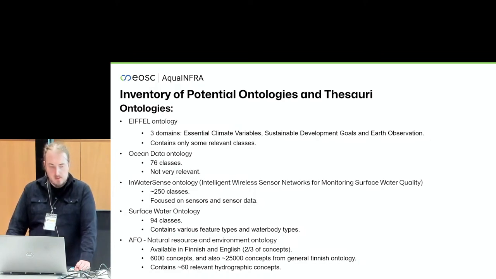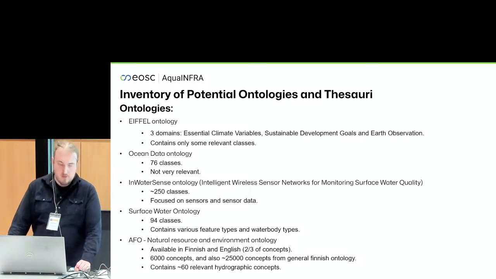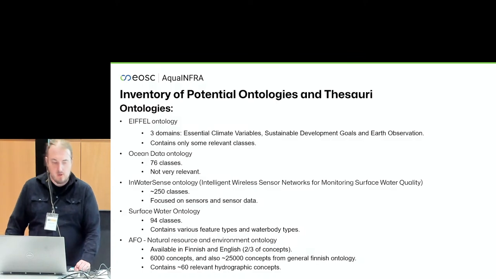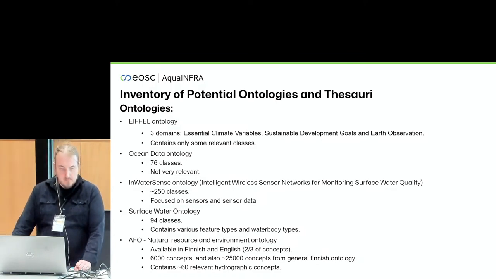Then we went through the ocean data ontology, which was also found not to be very relevant for our uses. Next we went through the in-water sense ontology, which was mostly focused on different sensors and sensor data, so this wasn't so useful for us either.